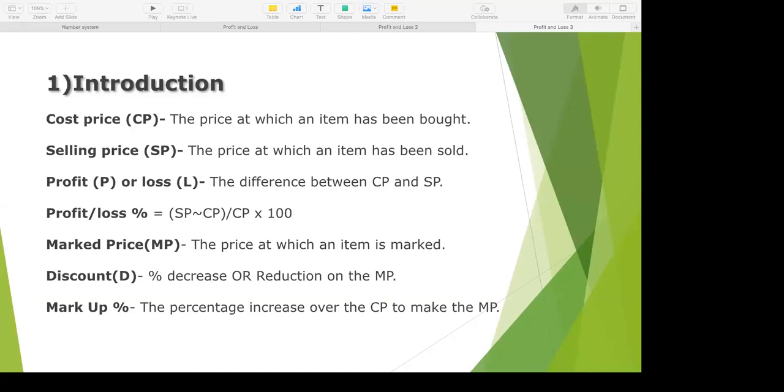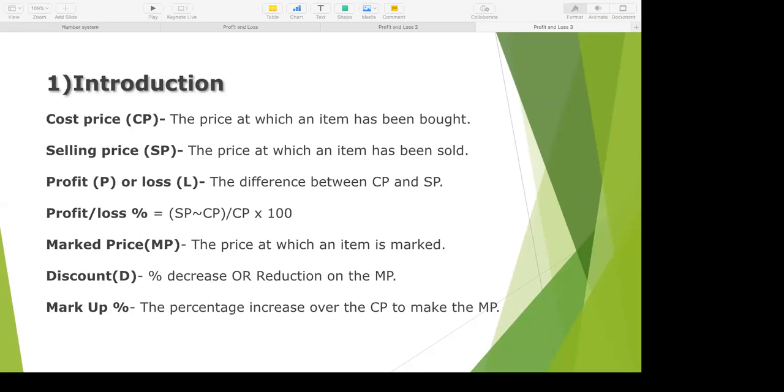Okay, let's try to understand it with a simple example. Let's say you made an article and it costed you 100 rupees. Okay, now you are deciding to put a price tag on it. You want to sell it and you want to put a MRP on it. What was your cost price? It was 100 rupees. So now let's say you are planning that what is the percentage by which I should increase the price.